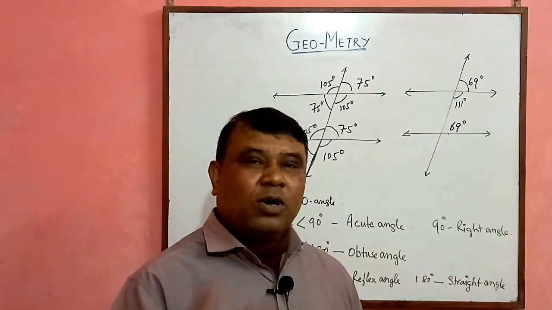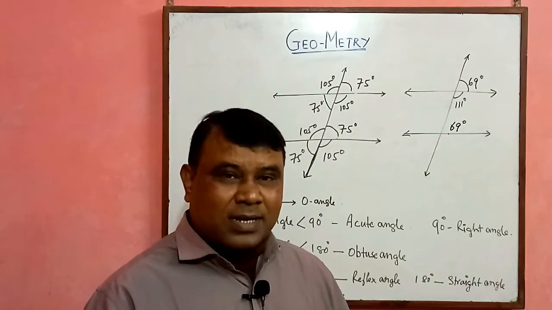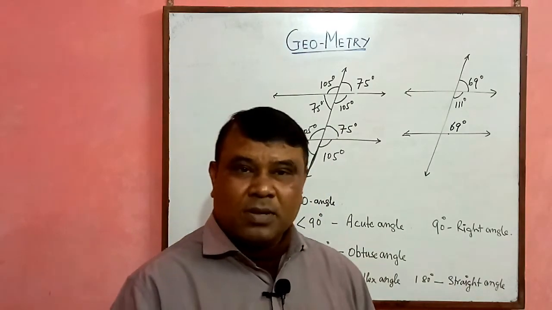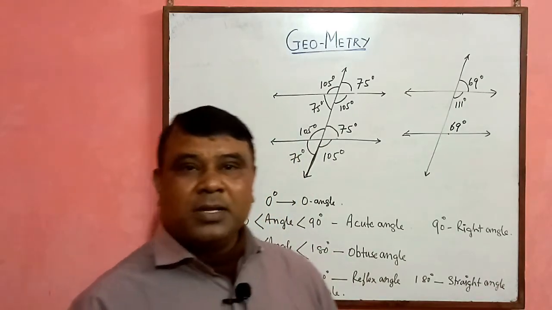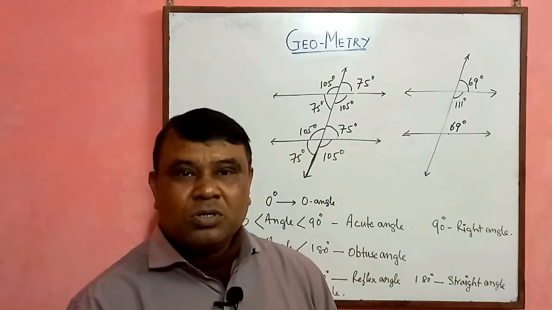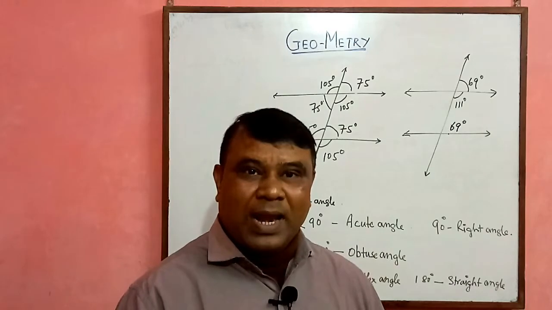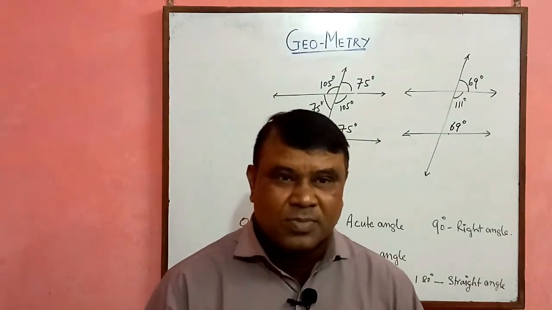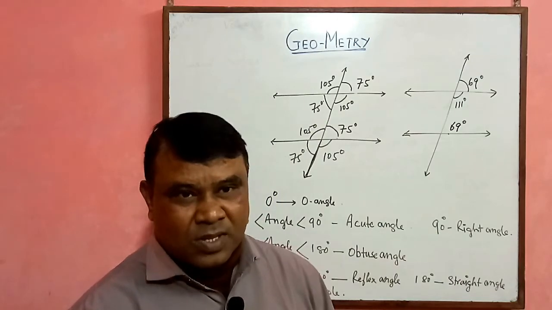Then I will move on to polygons. Next chapter. Next class, then I will solve problems of different classes. And what are the basic ideas that are used to solve geometrical problems? Then we will have some theorems also. We will go through those theorems very nicely.